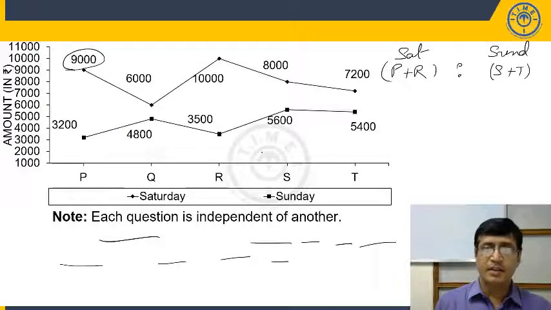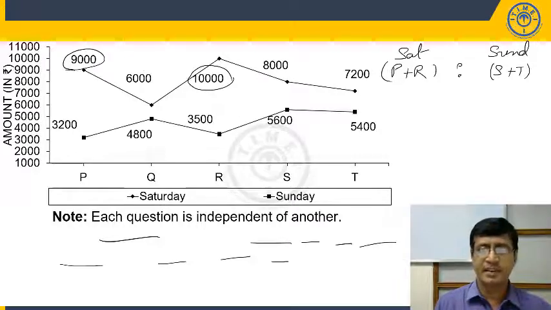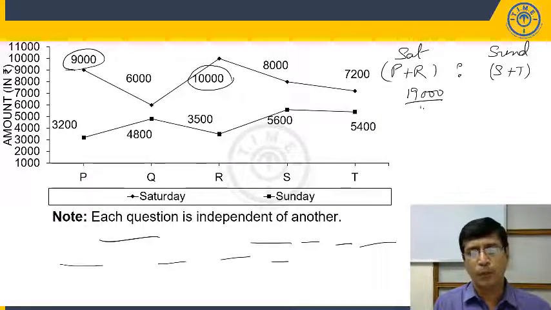Now, the Saturday P value is 9,000. Am I right? R value 10,000. 10 plus 9, it is 19,000. So, what is the cost of each mango? It is 20.